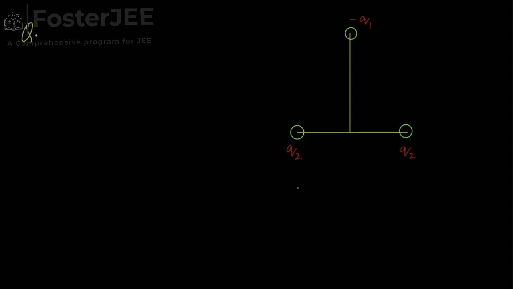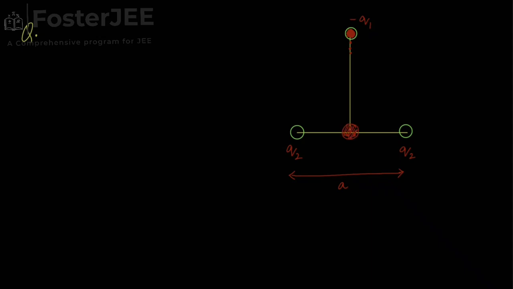We are given that the distance between these two charges is A, and initially Q1 was very far, so that the electrostatic force of attraction was very small, but it was just sufficient to start a motion. We have to find out, when it comes from very far, what is the speed of this charge when it reaches this point.